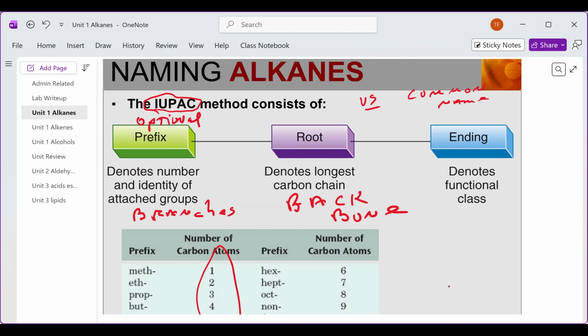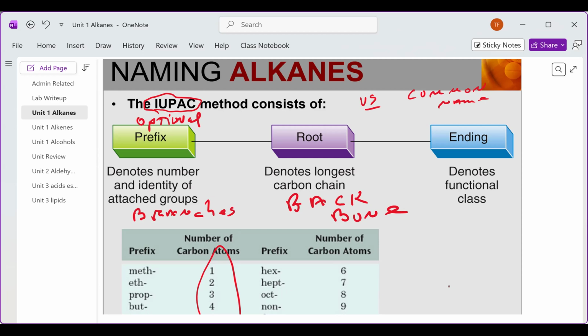Now, IUPAC names are nice because it doesn't matter what country you're in, the IUPAC name will be the same. So dihydrogen monoxide in the United States and Russia is the same. Water in the United States versus water in Russia, the common name, is not the same. But IUPAC names are the same. That's why they're called International Union.